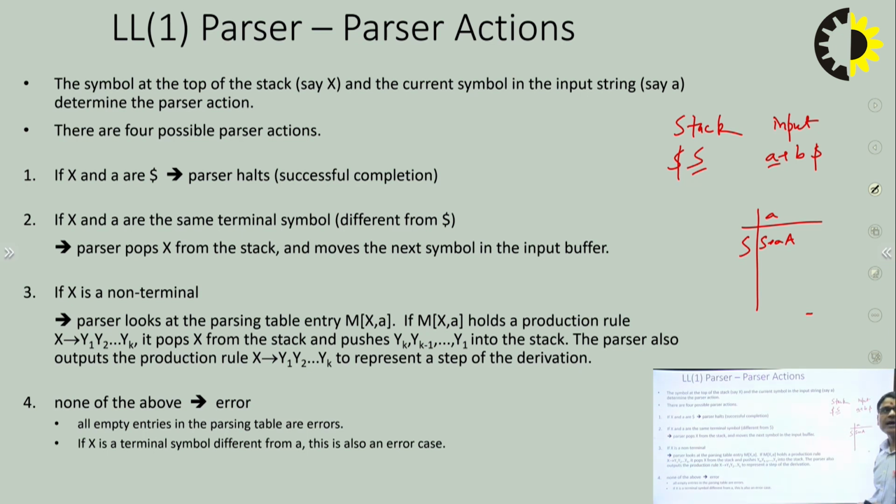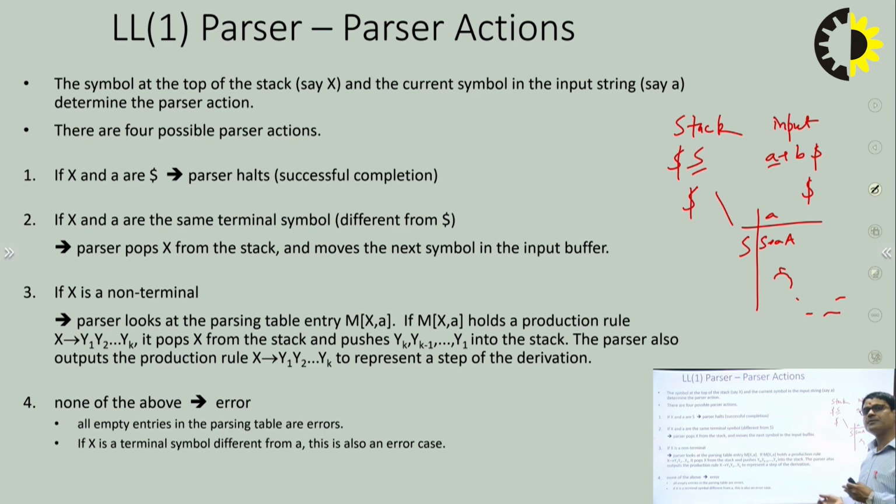The first: if X and the input symbol are both $, the parser halts. It means all the input is exhausted and the start symbol is also exhausted. All the non-terminals and terminals have been processed successfully. That is the successful condition.